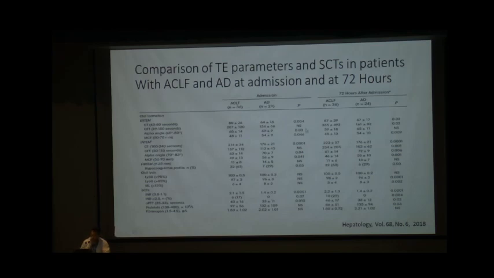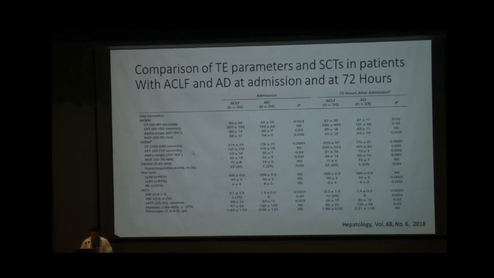And on progression, there's an increase in the clot formation time and clotting time, and a decrease in alpha angle, which was noted in patients with ACLF. However, in acute decompensation, there was a tendency to stabilize or come back to normal from baseline to day 7.